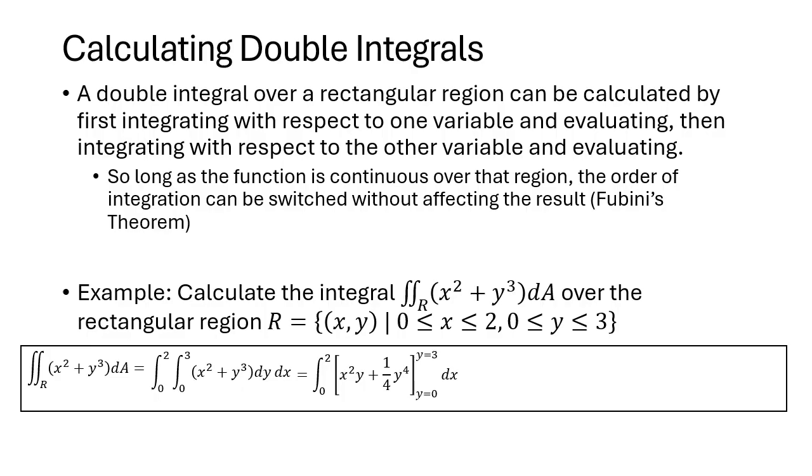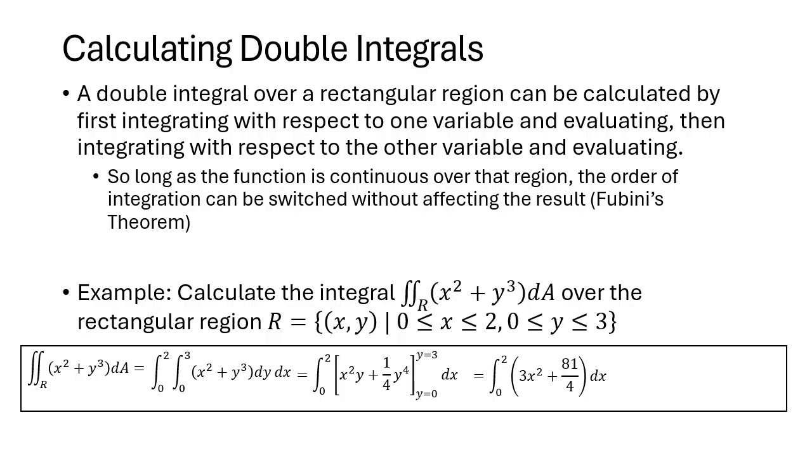And we'll be evaluating that from y equals 0 to y equals 3. Conveniently enough, and not by accident, we have y equals 0, which is just going to make the entire thing 0. So really the only thing we have to do is plug in y equals 3 into that, and we get 3x squared plus 81 over 4.